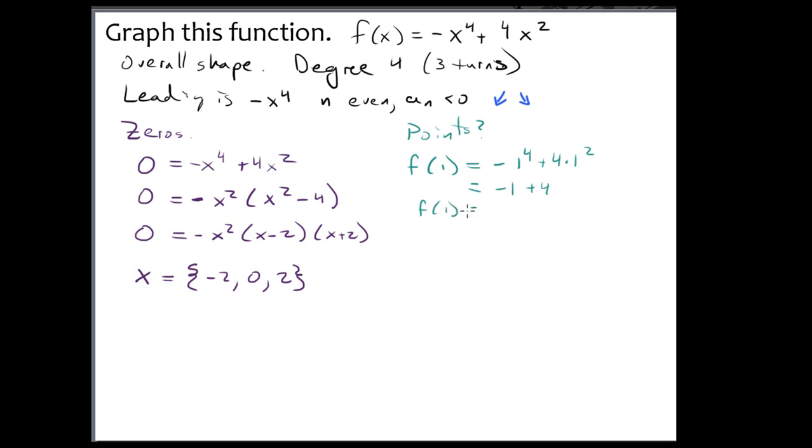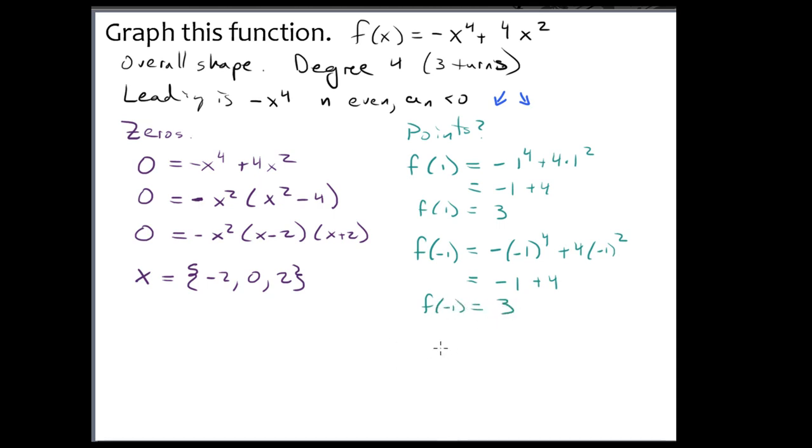F of 1 is 3. I'm going to find f of negative 1 while I'm at it. F of negative 1 is negative 1 to the 4th plus 4 times negative 1 squared. That's negative 1 plus 4. F of negative 1 is also 3. That's pretty good to know.